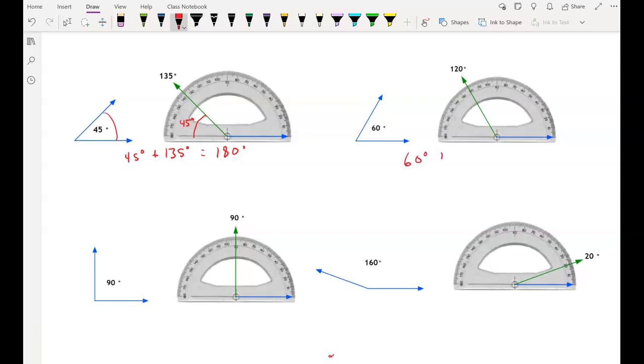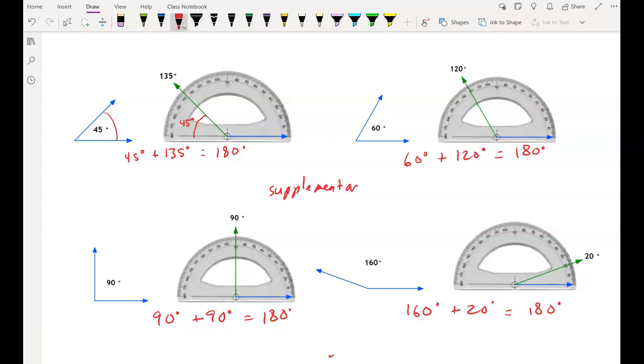Same with 60 degrees plus 120 degrees, that equals 180. 90 degrees plus 90 degrees, that's 180 degrees. 160 degrees plus 20 degrees, 180 degrees. These are all examples of supplementary angles.